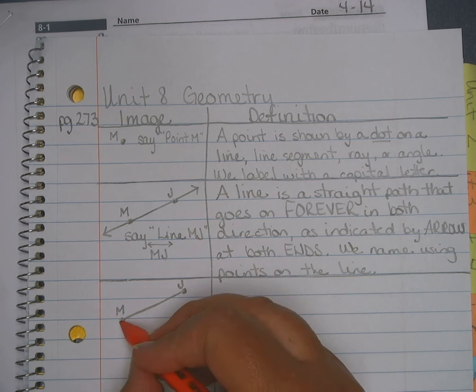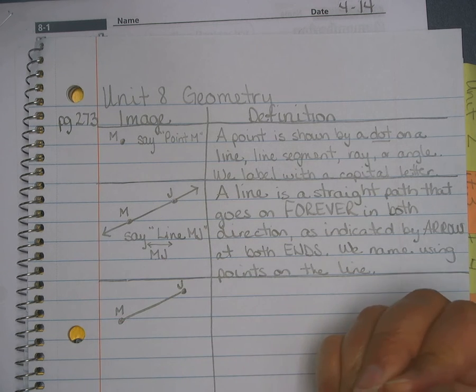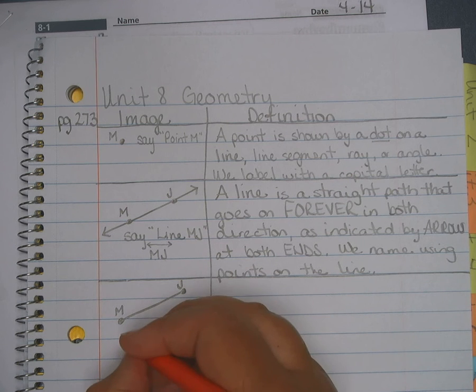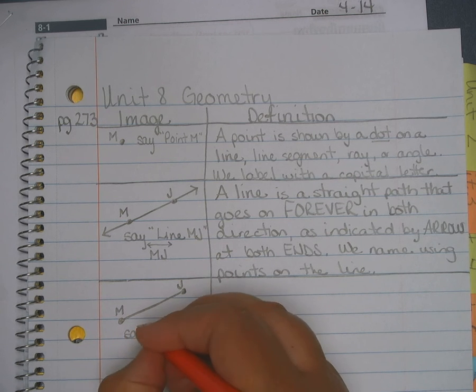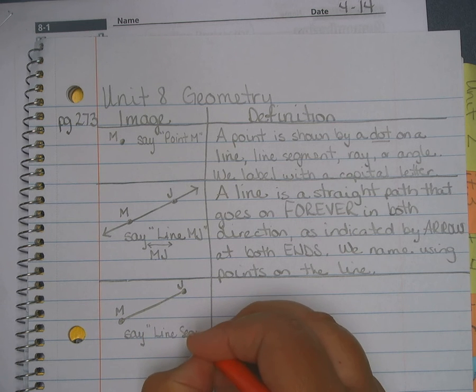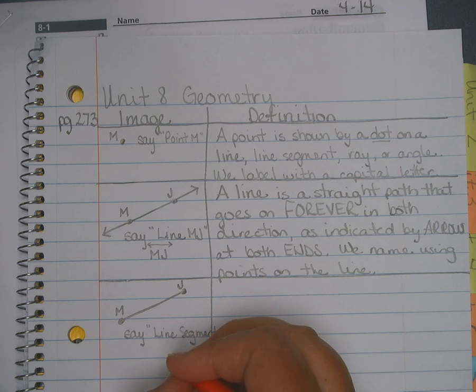It definitely has a start and a stop, or vice versa. It could start here and stop there. We call this a line segment. We would say line segment, sorry, that ran over there, MJ.